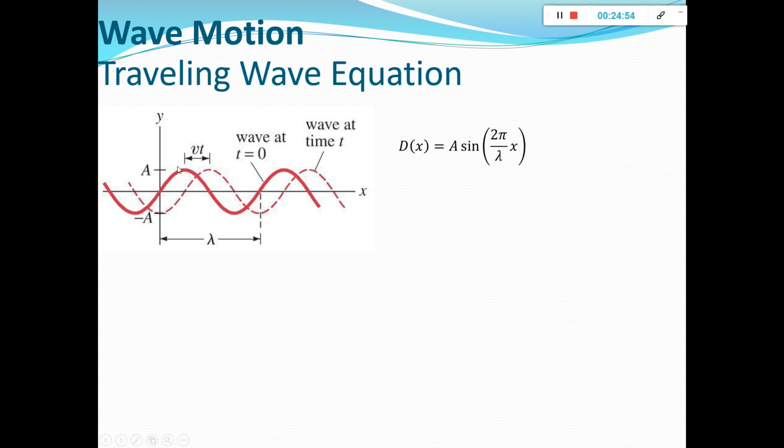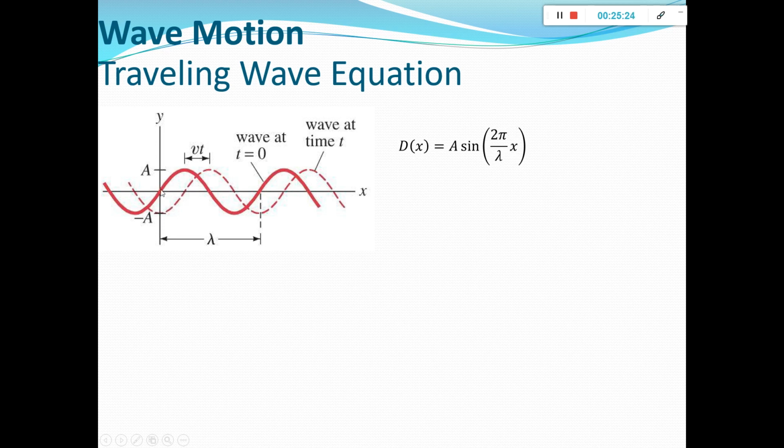Clearly this looks like a sine curve. So what we're going to say is the displacement, the vertical value of the medium, let's call this a rope, at some position x, so some position along the rope, is going to be equal to the amplitude of the wave times sine, because this is a sine curve, and the angle is going to be 2 pi over lambda times x.